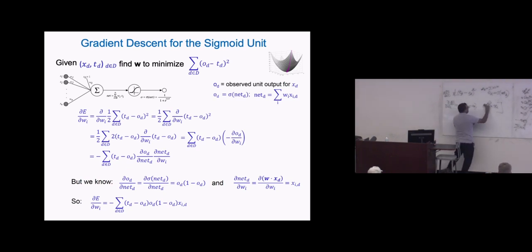So we'll just take the minus sign here, and then sigmoid of net D times 1 minus sigmoid of net D, times xi. Yeah, it looks bad, but yeah.